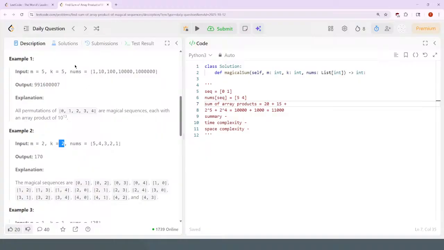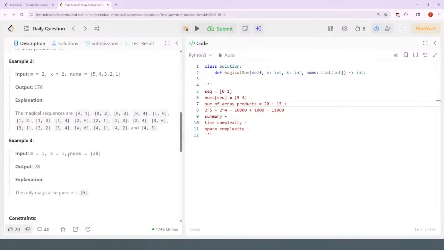So here it's like 5 choose 1. No, sorry, it's 5 choose 5. Yeah, you need all the indices, so 5 choose 5 there. So the only sequence is 0, 1, 2, 3, 4. It's 1 choose 1.